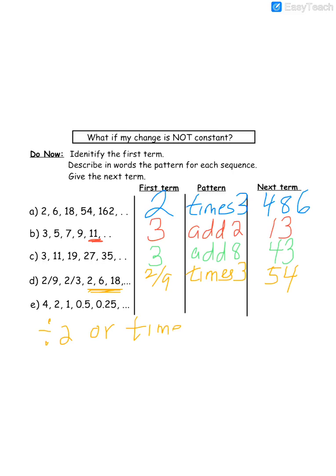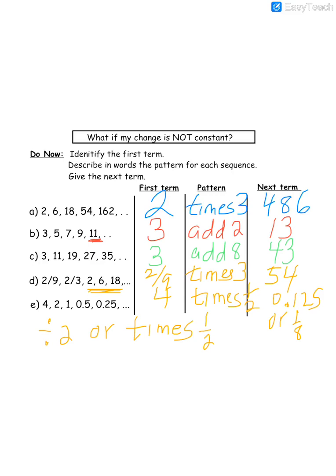So instead of saying divided by 2, I'm going to say times a half. I'm going to put that here. The first term, by the way, was 4. And then if I put 0.25 and I times it by a half, I would get 0.125, or if I want to leave that as a fraction, it would be 1/8. Doesn't really matter. I'm good with either.